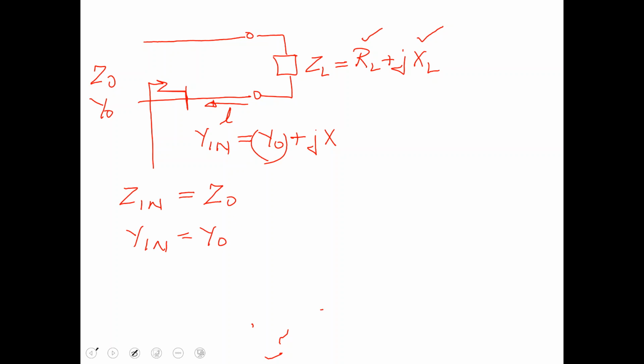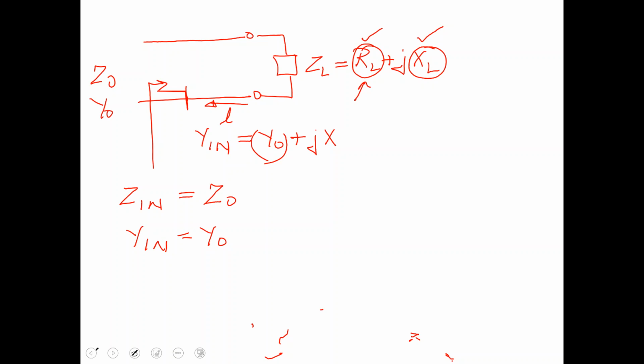And in this case, you have two different things you have to control. You have to convert this real part, which could be any arbitrary value, into Z naught, and then you have to cancel this imaginary part out. And you know that to handle two variables, I need two different controls. To be able to do two things at the same time, I would need two different controls.